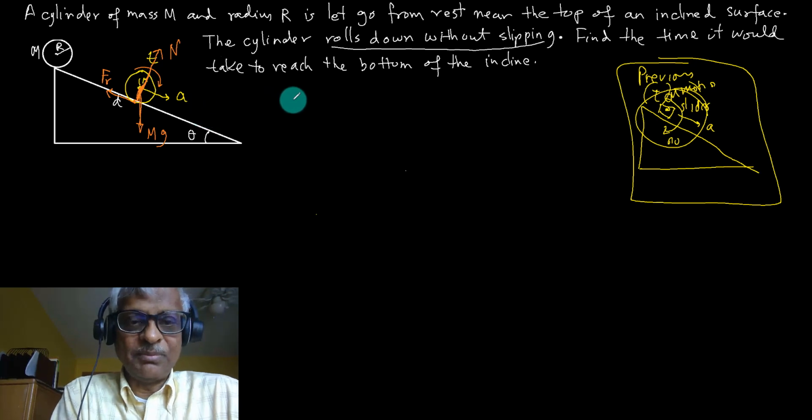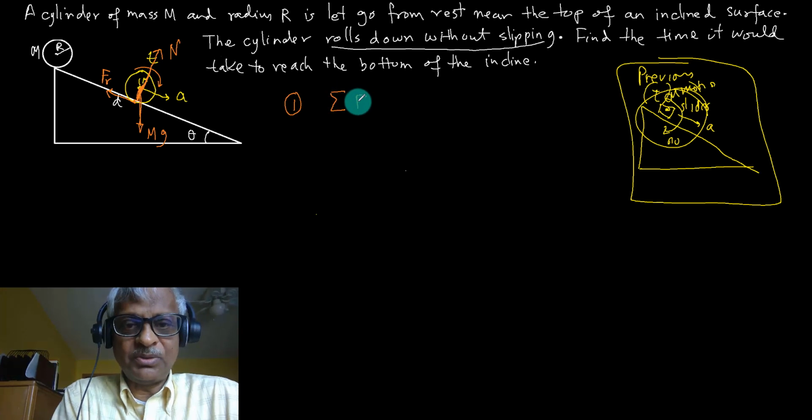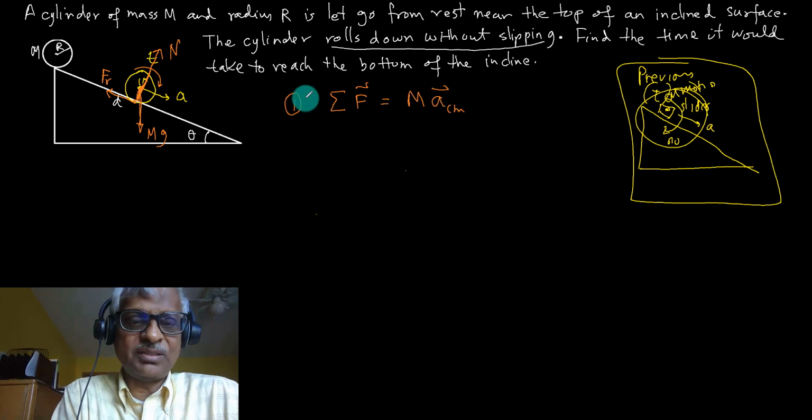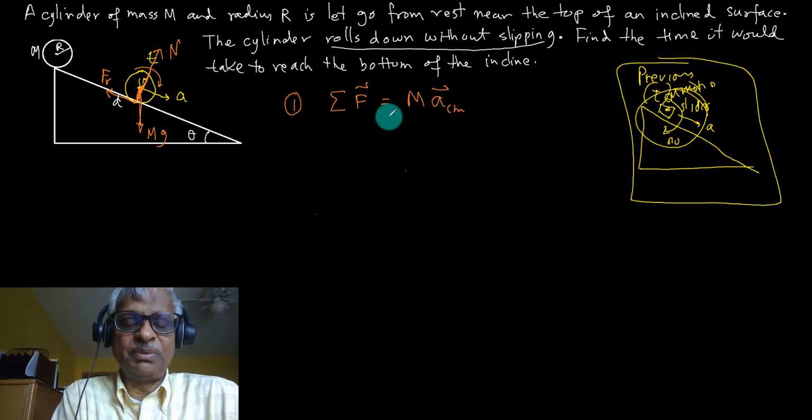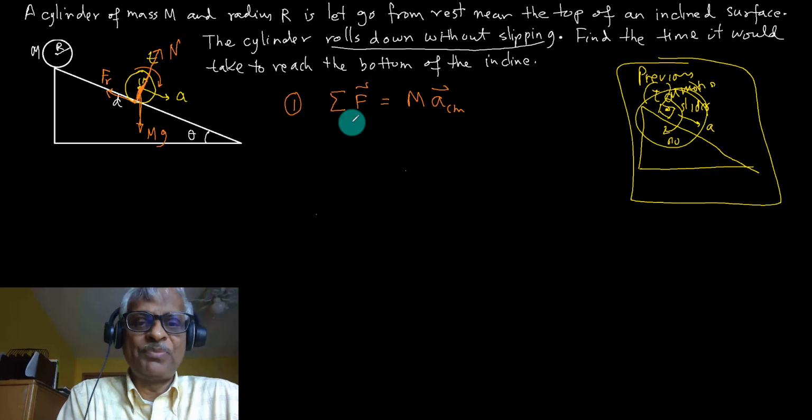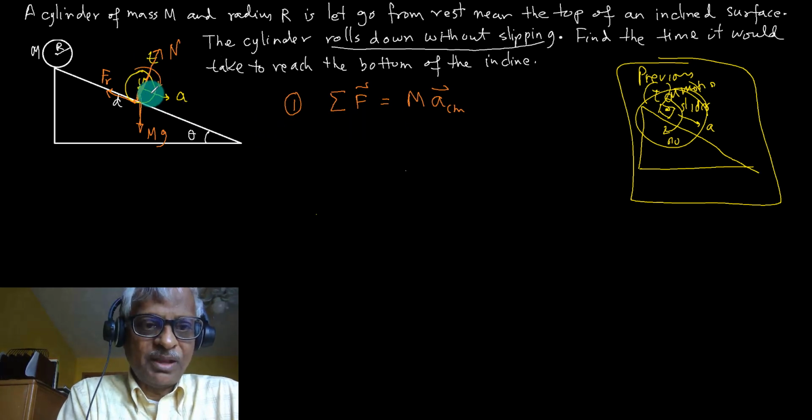So one principle is that the summation of all the forces equals mass times the acceleration of the center of mass. Then another equation is about rolling, with angular acceleration alpha.